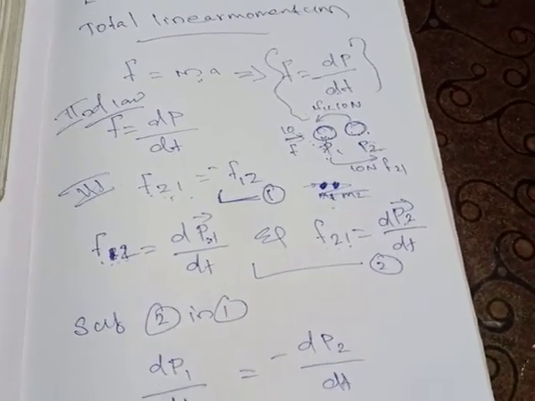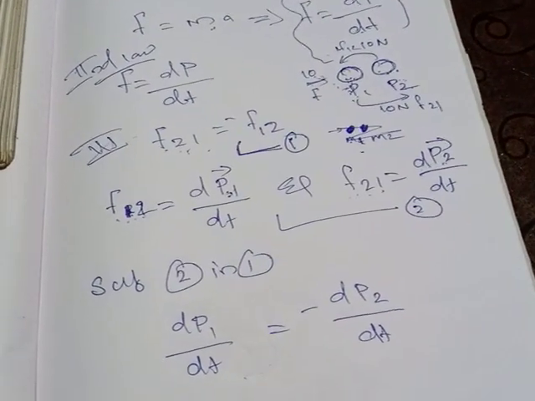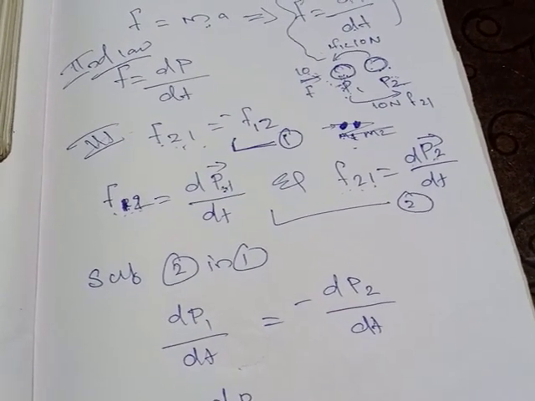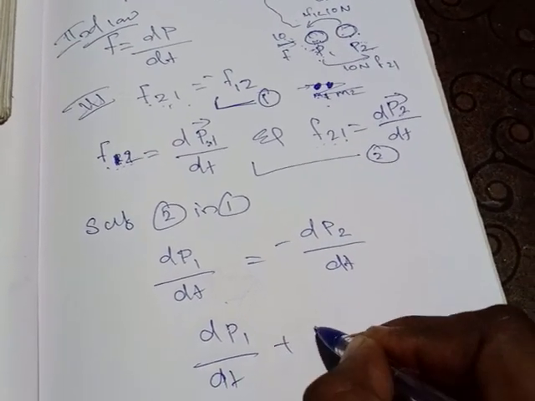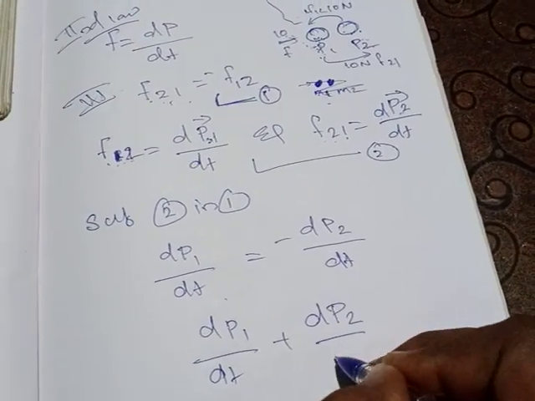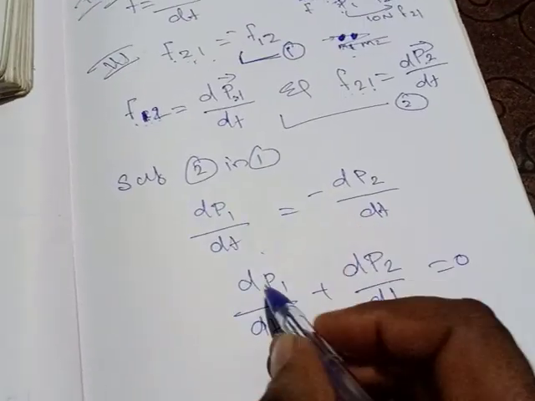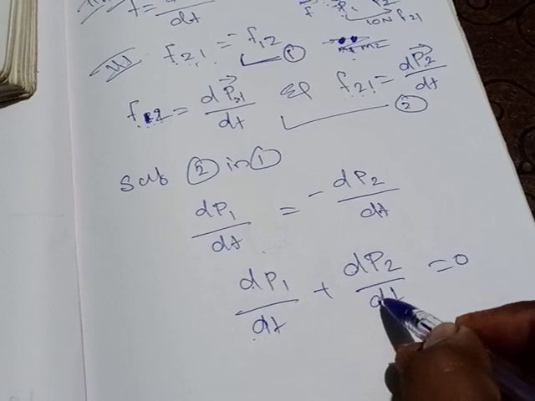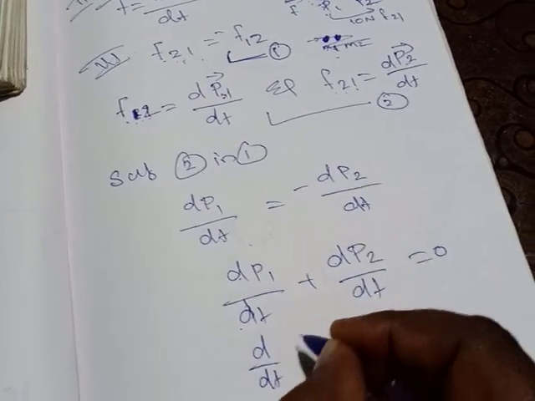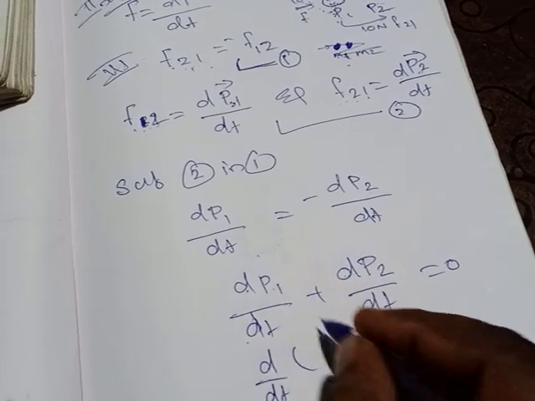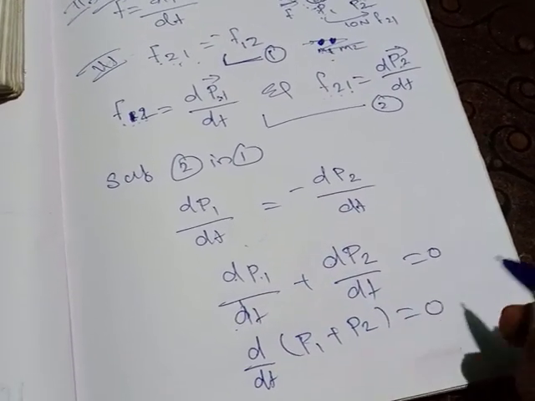If you take the minus dp2 to this side, dp1 by dt plus dp2 by dt equal to 0 you can write. Here d by dt is common, so d by dt of p1 plus p2 equal to 0.